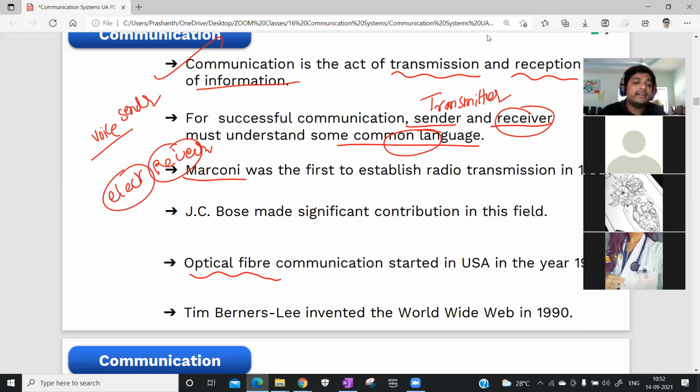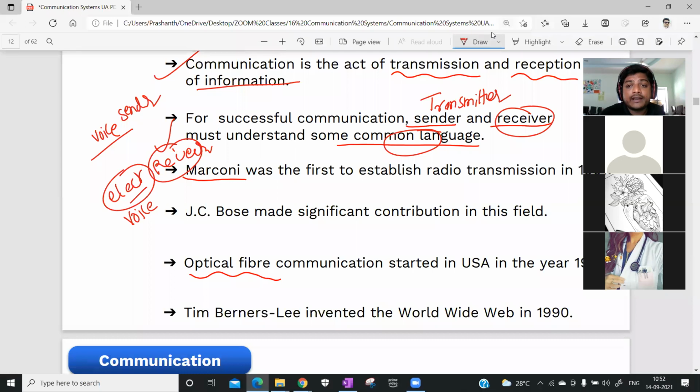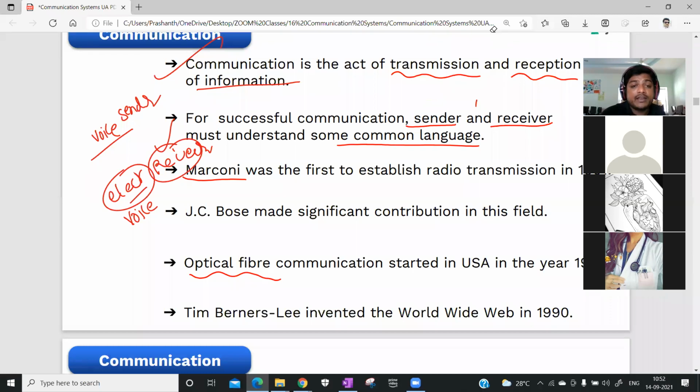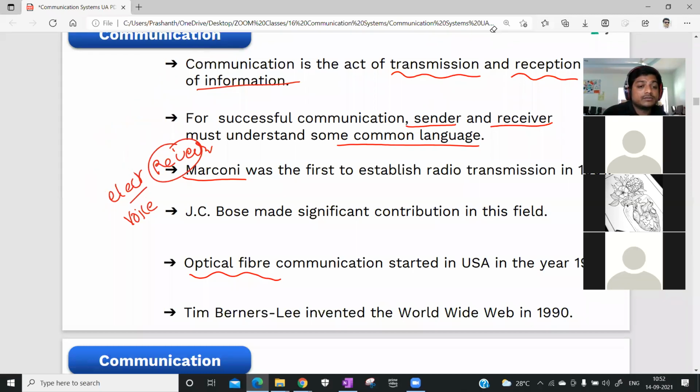No, he can't. He has to receive the same voice message. Then only can the receiver understand what the sender is sending. That's why both the transmitter and receiver must understand the same language. Understood?